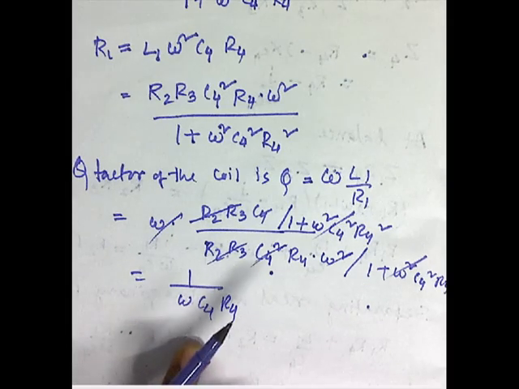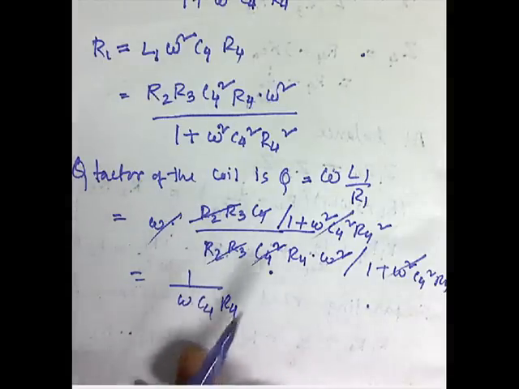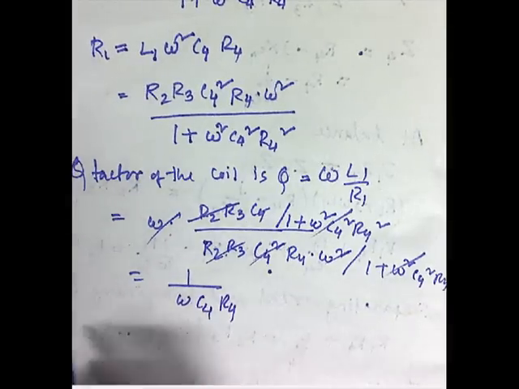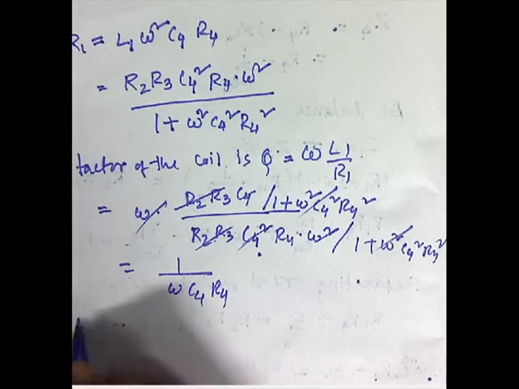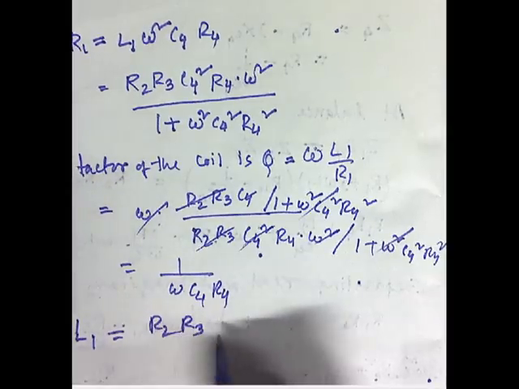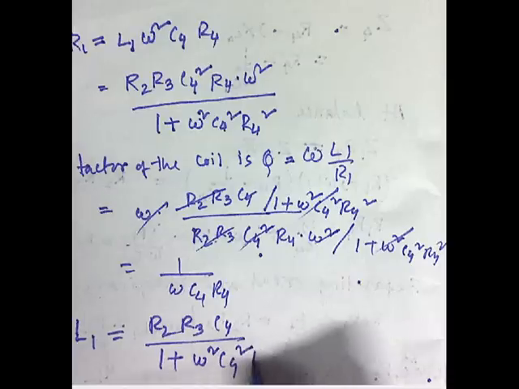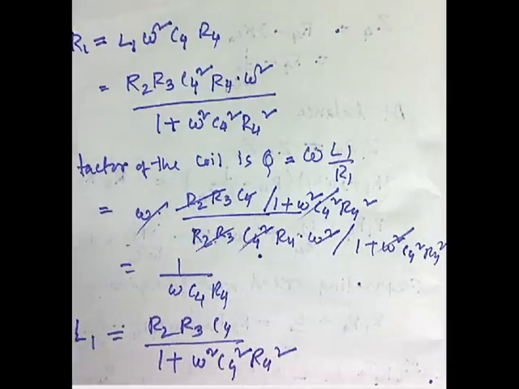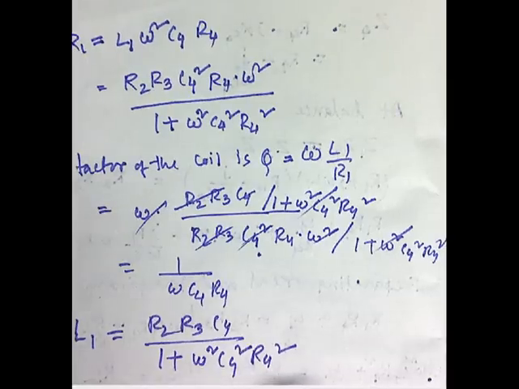Now see, in case of a high quality factor, high Q factor, in the expression of L1, L1 is equal to R2 R3 C4 by 1 plus omega square C4 square R4 square. Q is equal to 1 by omega C4 R4.